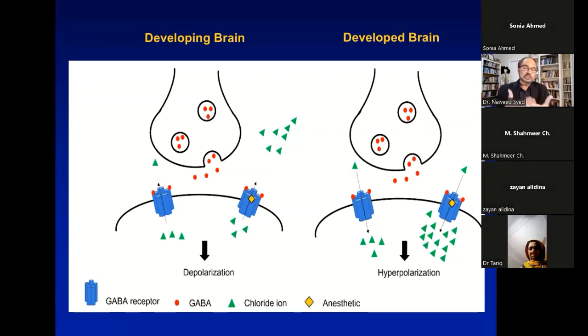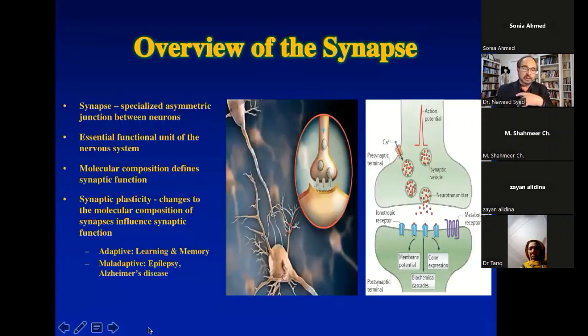So if we use anesthetics to block any conduction or brain functionality, we realize that it is also blocking excitatory synaptic transmission mediated by GABA. So both excitatory and inhibitory synaptic connections will be suppressed by anesthetics if they are used in a developing brain. So this is a really important takeaway.